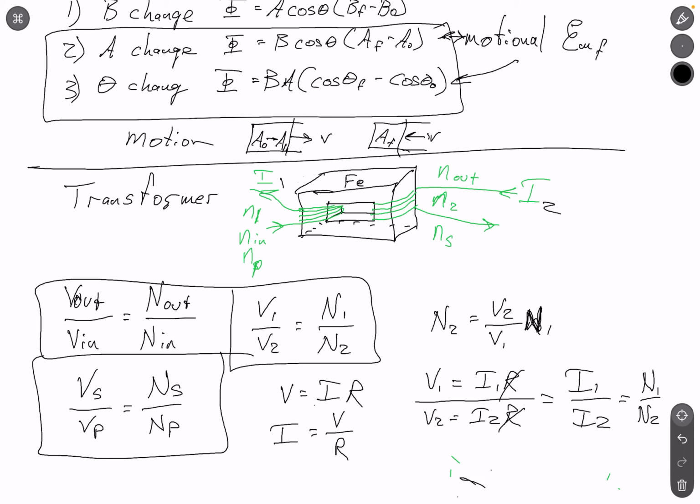Is that right? Why does that not seem right? I have to go back in my notes here for a second. I don't think that's correct.